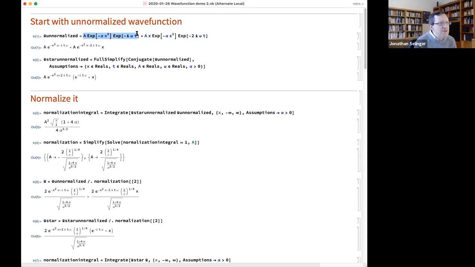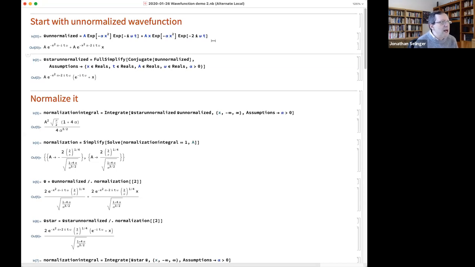It has the first term that's just the same as what we had before. And then we have a second term, which is very similar, but it has just an extra factor of X in the front. A times X times this exponential. And then it has a different time dependence, e to the minus 2i omega t.